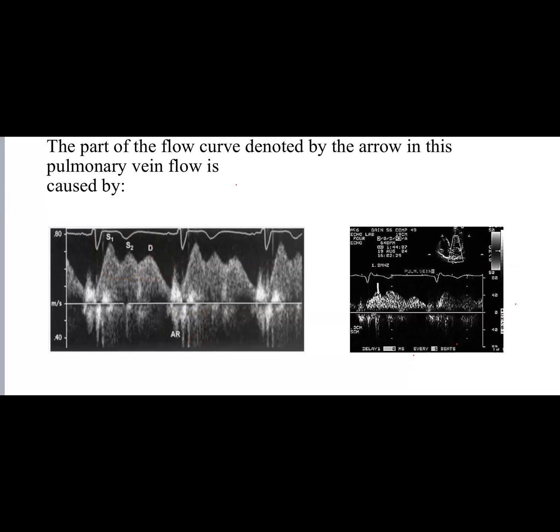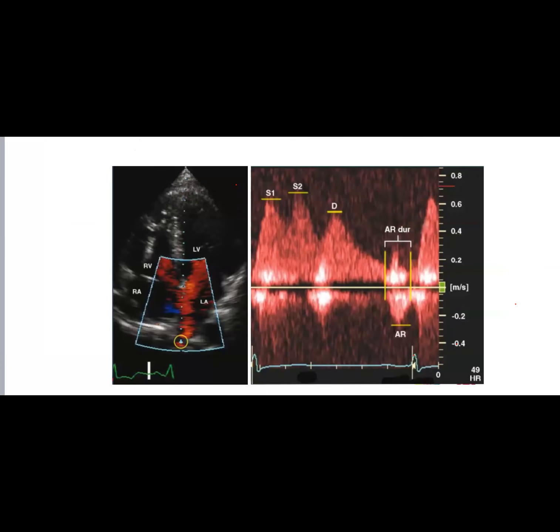Again, this is S1, S2, and the AR, and we quantify the AR in terms of duration and in terms of velocity. And sometimes you probably read in the books, they say AR minus A duration. What is this? Now they are encompassing two parameters together, okay? And of course in echo, the more incorporative and the more integrative you are, the more likely to be true. So if you rely on a single parameter, not good.